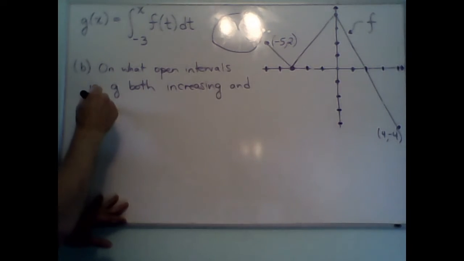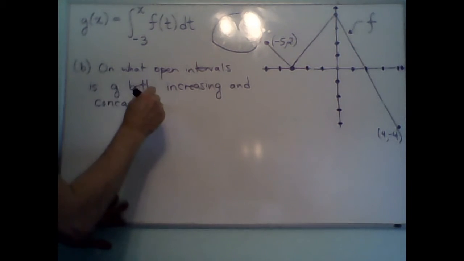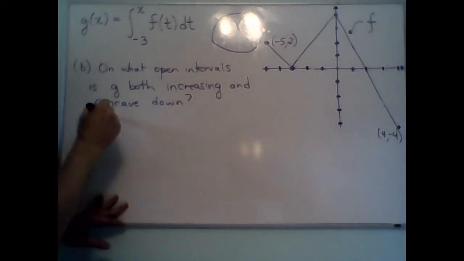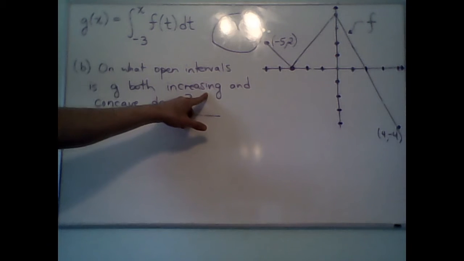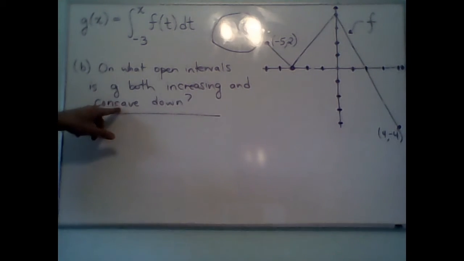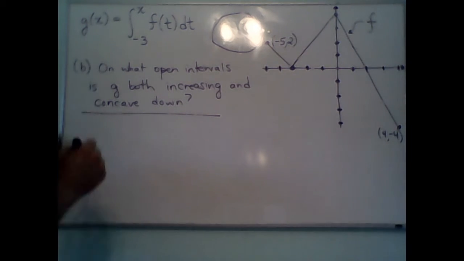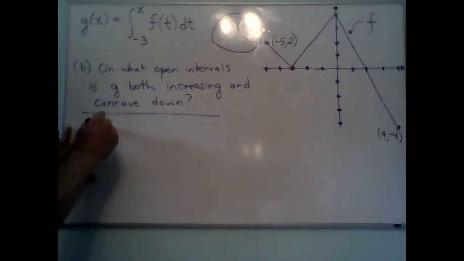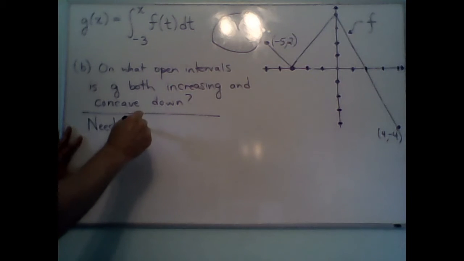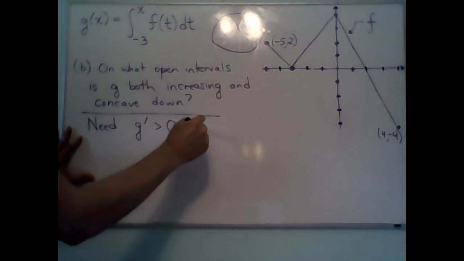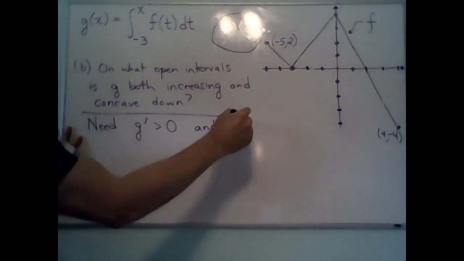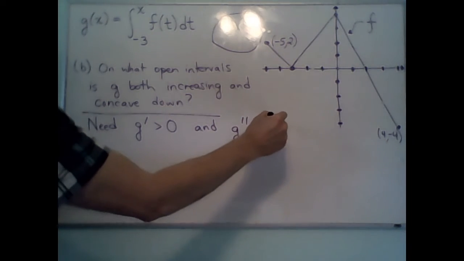Justify your answer. Well, if g is going to be increasing, we need its derivative to be positive. To be concave down, that means its second derivative is going to be negative. So I'll just memorialize that information. We need g prime to be greater than 0 and g double prime less than 0.